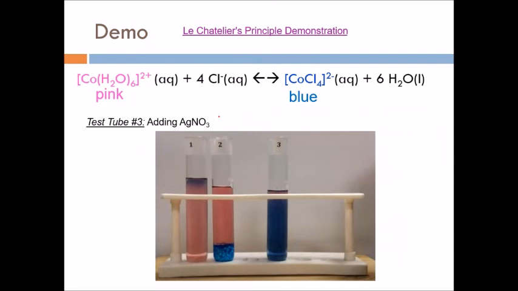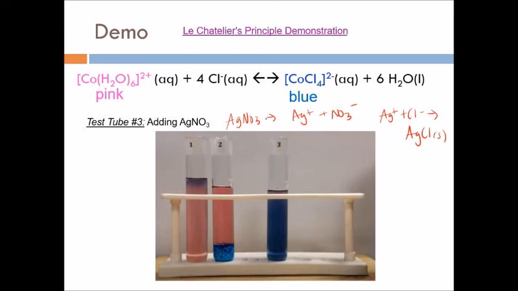All right, adding silver. This is probably the hardest one of the bunch. Remember, silver nitrate. Nitrate is soluble, so it's going to form silver and nitrate ions in solution. Now, this is the thing you have to know your solubility rules for. Silver plus chloride, guess what? Precipitates out into a solid.